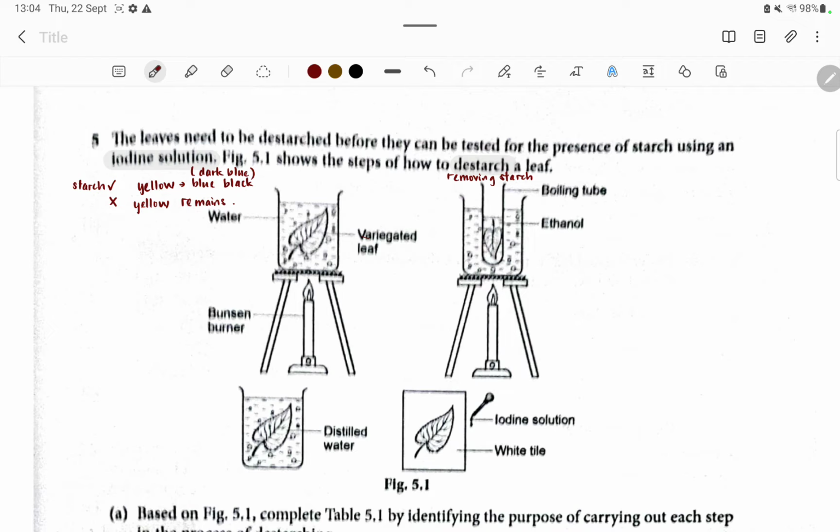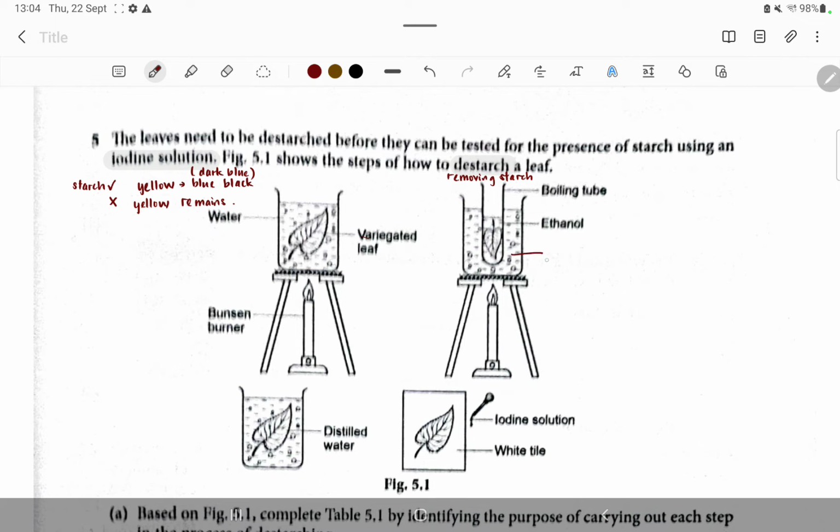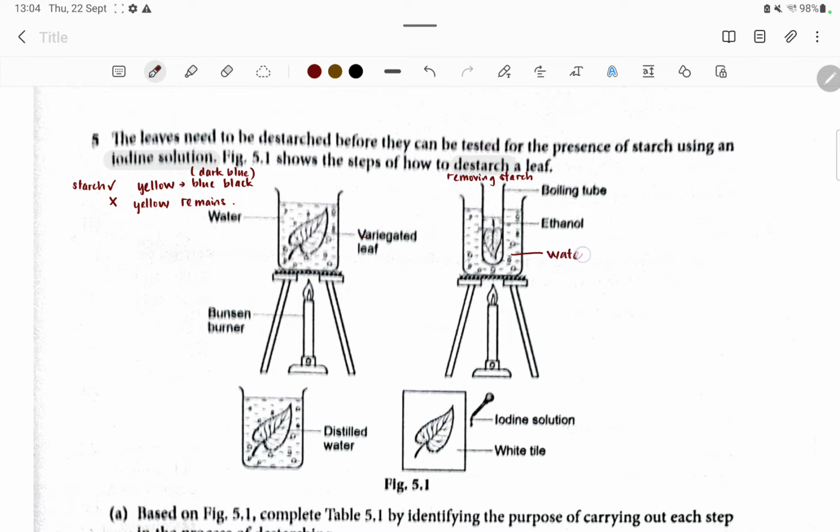Put the boiling tube inside the ethanol. Water bath, this one. And then after that, they put the leaf into the distilled water, and then only they test for iodine.